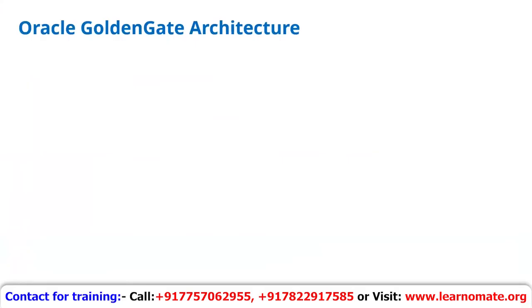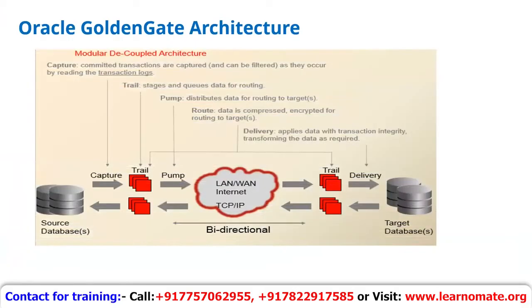Now, Oracle GoldenGate classic architecture: how does it work? You have a source database and a target database. Remember, the major advantage with GoldenGate is that it supports both Oracle as well as non-Oracle databases. How does GoldenGate capture the data?